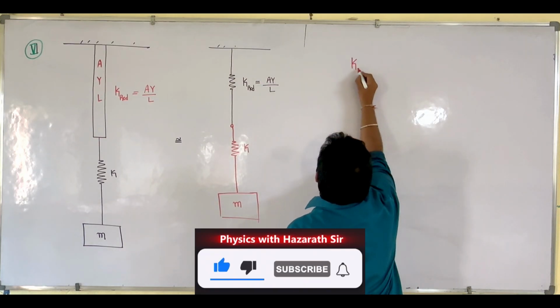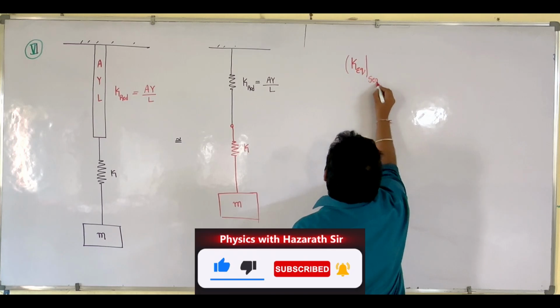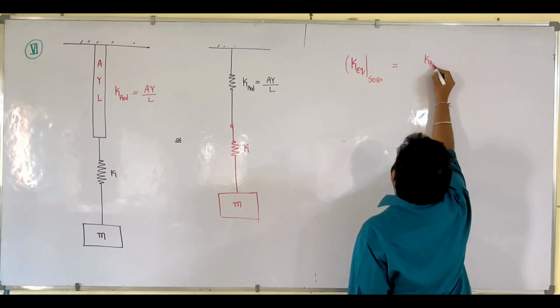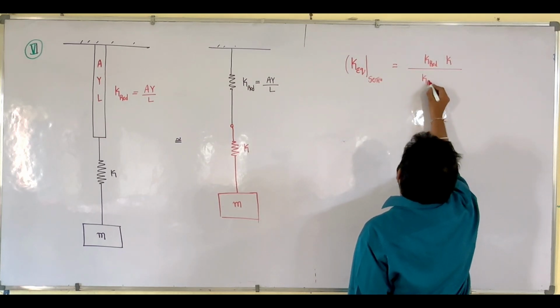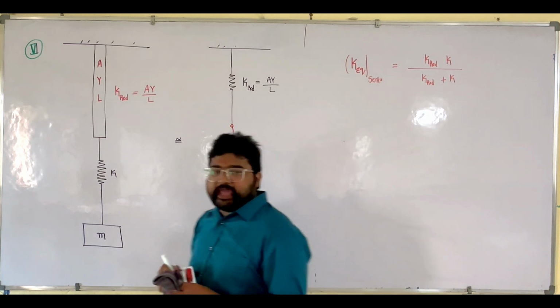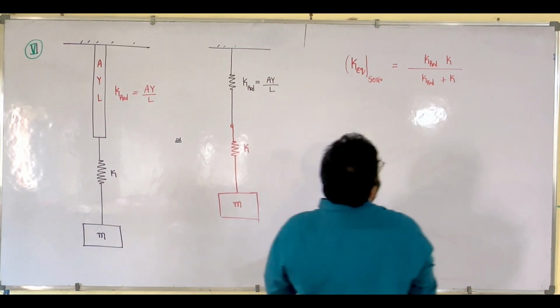K equivalent in series combination is K rod into K by K rod plus K. Now tell me, what is K rod?